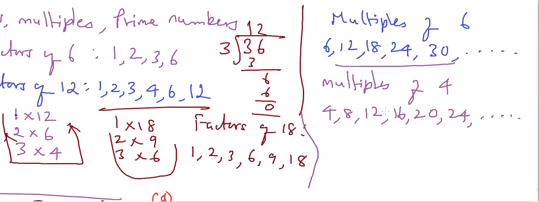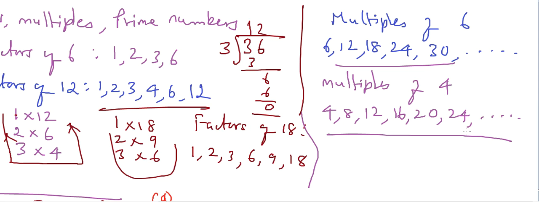Suppose the question is, what is the multiple of 6 which lies between 20 and 30? So it's 24. So 24 is a multiple of 6 that lies between 20 and 30.